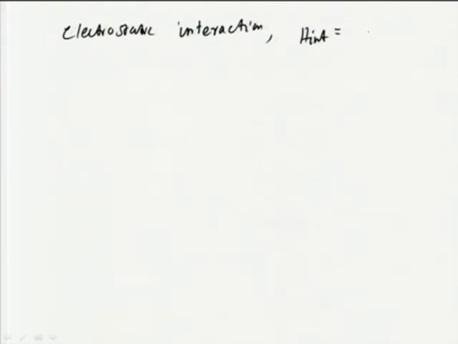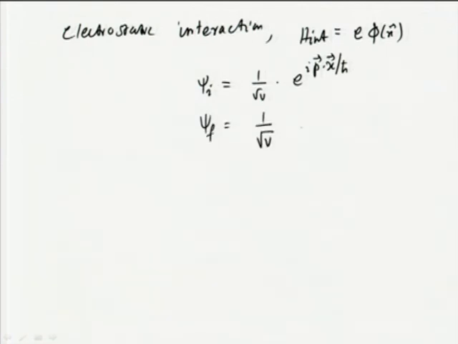In that case, the interaction Hamiltonian is E times the electrostatic potential, and in quantum mechanics it is the corresponding operator phi. And we can write psi i as 1 over root V exponential i p dot x over h cross, and psi f, the wave function in the final state, as exponential i p prime dot x over h cross, where the momentum in the final state is denoted by p prime.